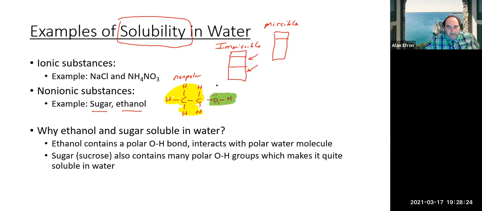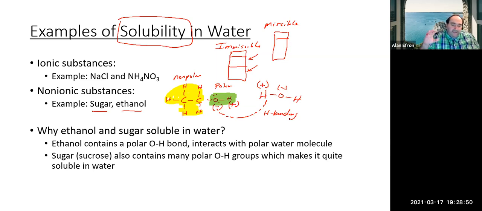So this is polar, which means when a water molecule comes by, that is also positive on the hydrogen and negative on the oxygen, and this guy is negative on the oxygen and positive on the hydrogen, they are able to come together and do what is known as hydrogen bonding with each other, which is a type of interaction that makes it very soluble in water.